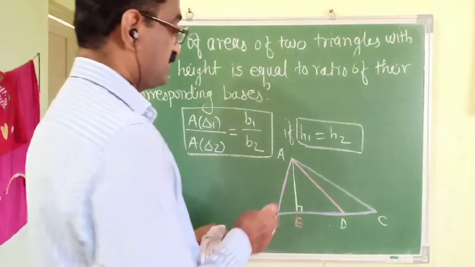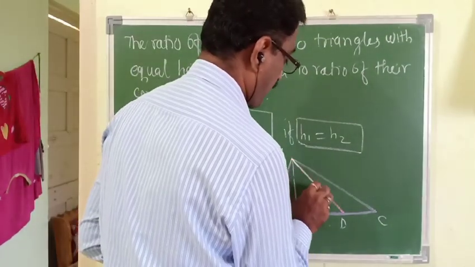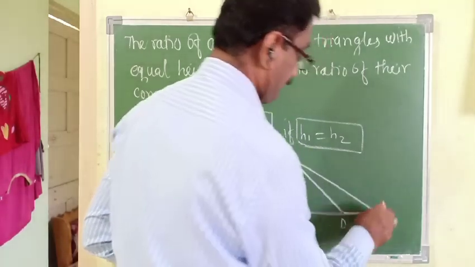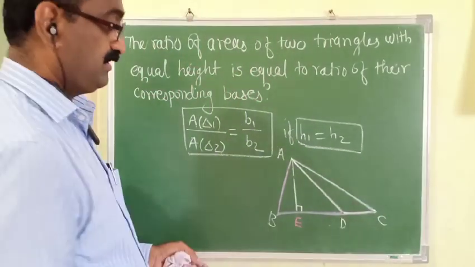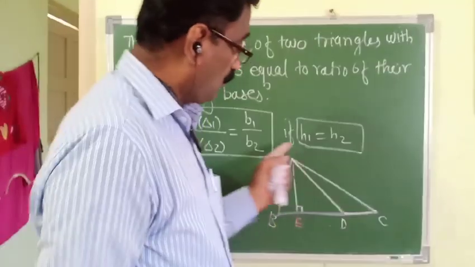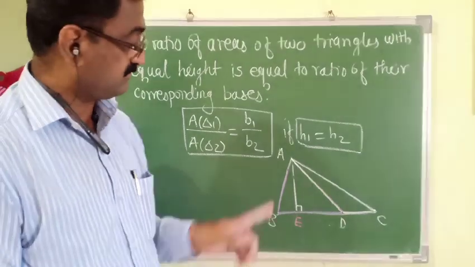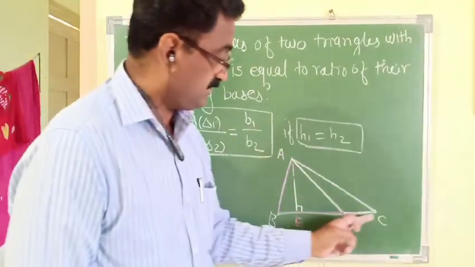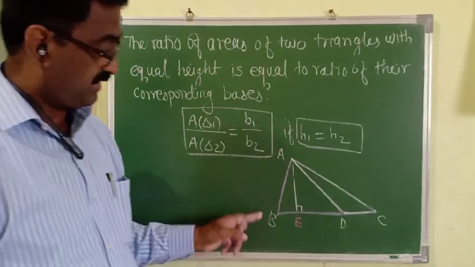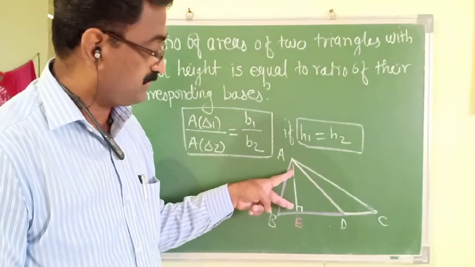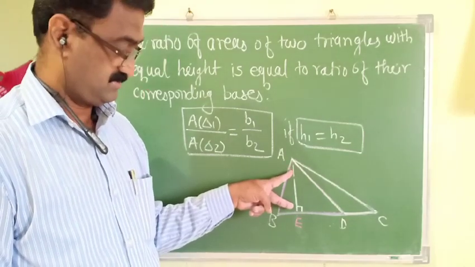There is a third triangle, triangle A, D, C. In this triangle, if DC is the base, its corresponding height is A. That means all the 3 triangles, triangle ABD, triangle ADC, and triangle ABC, have same height, equal height.